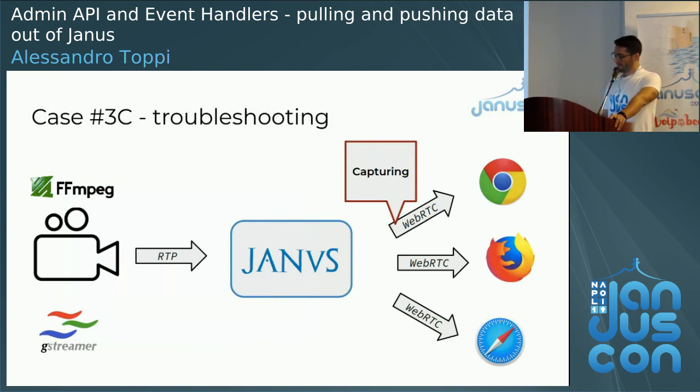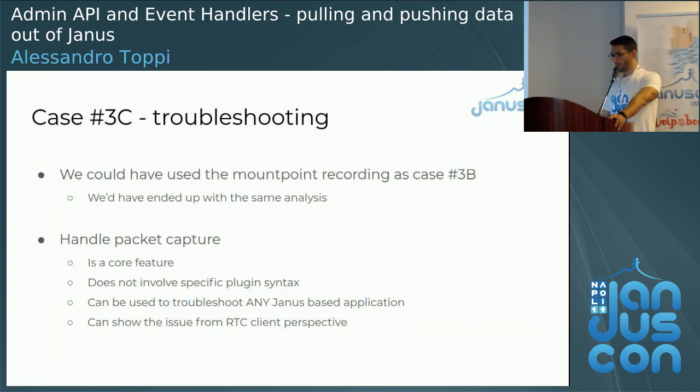This is different from the previous scenario. We are capturing on the right side of the graph, and you may wonder why we did not use the same tool as the previous scenario. The truth is, yes, we could have used the same recording capability, and probably we would have ended up with the same conclusions.